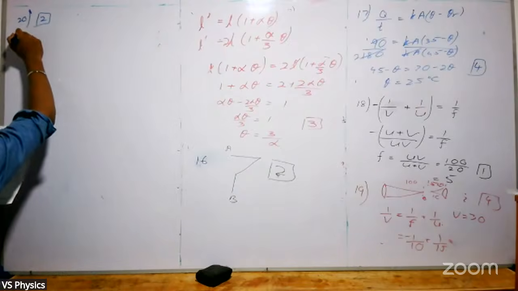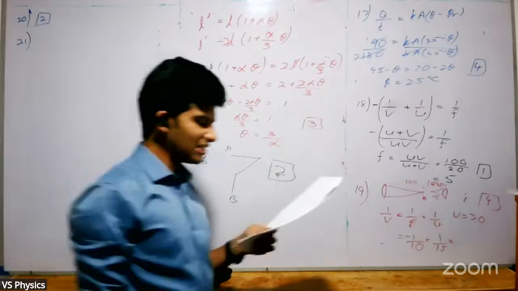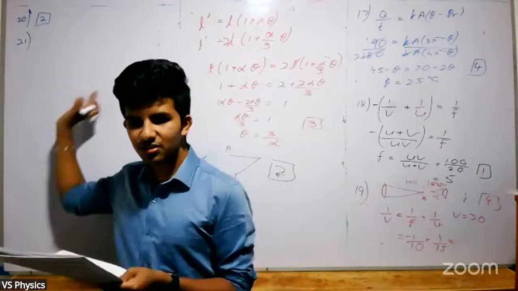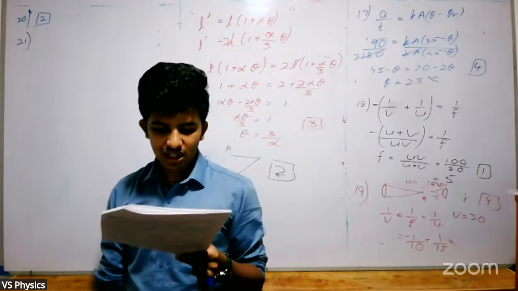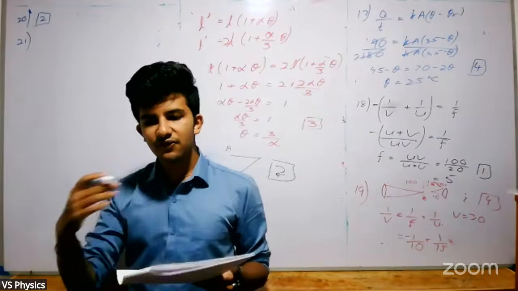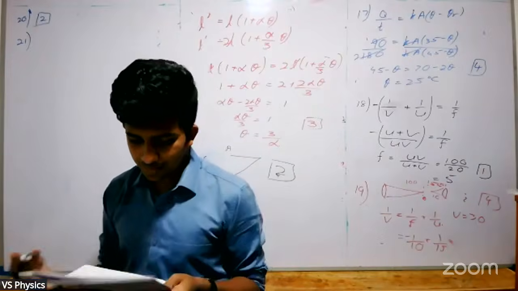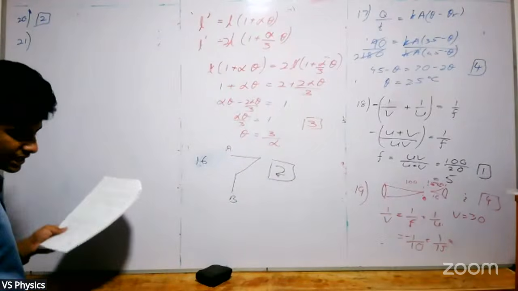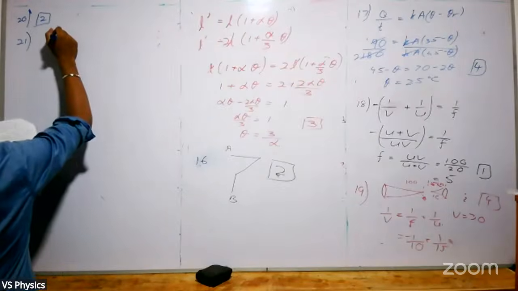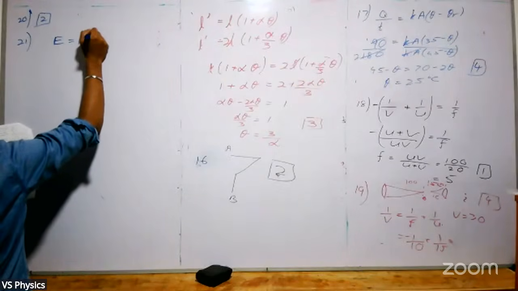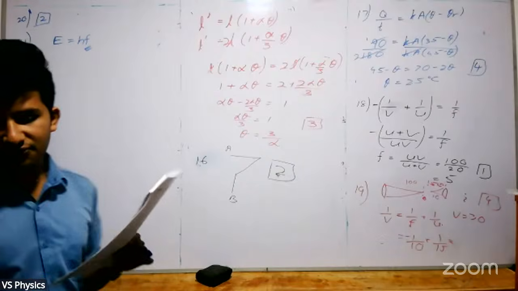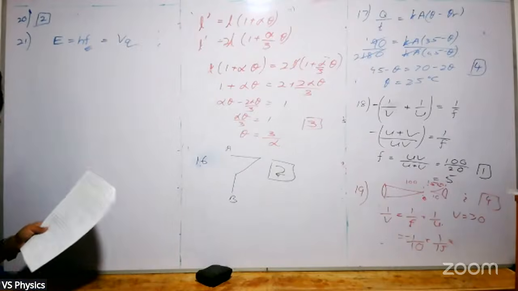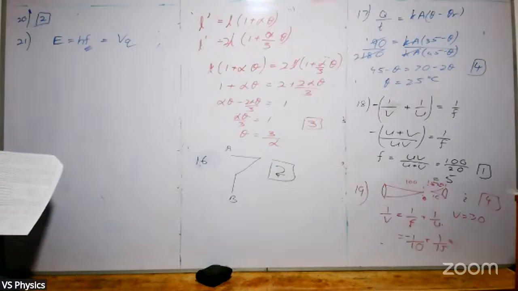21st question. That is also an instant answer question if you have done that lesson. When we use a photoelectric cell with different frequencies of light, the energy needed to stop that particle depends on hf, which equals VQ.